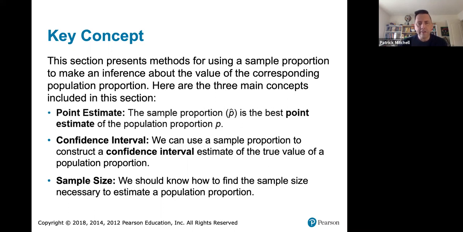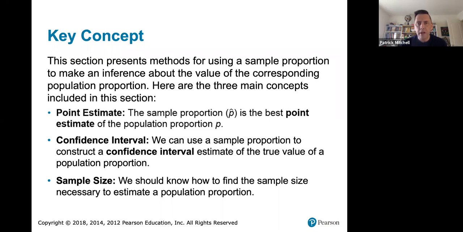If you ever listen to news reports and they say, in this sample, 52% said they were going to vote for candidate A, and the margin of error is plus or minus 3%, what that means is that we're pretty confident that the true proportion of people who are going to vote for that candidate is within 3 percentage points of 52%.